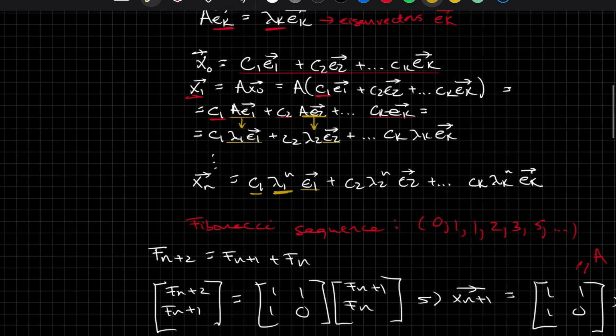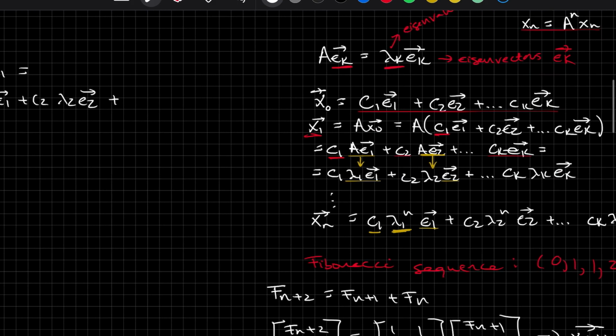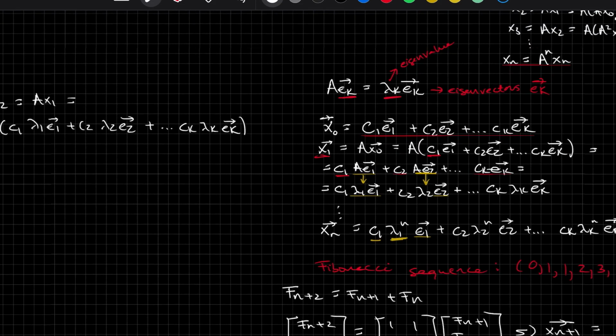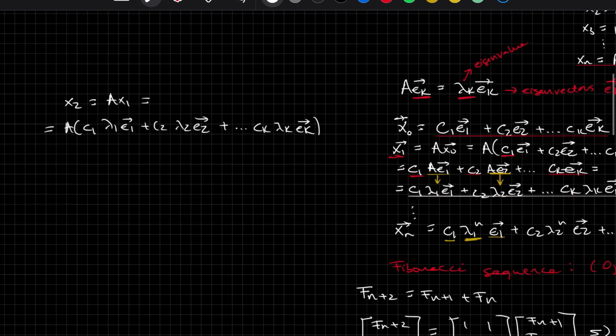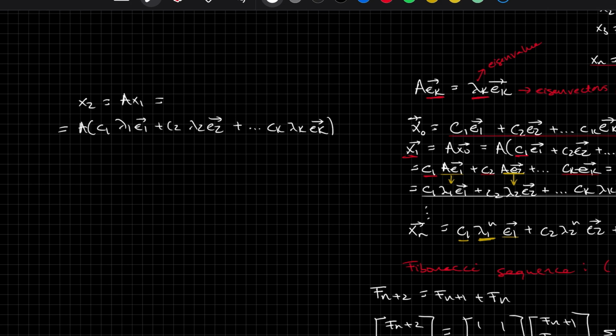So I'm going to do an extra example. Let's do x2. We had x1 there. x2 is just A times x1. This is equal to A times (c1 lambda1 e1 plus c2 lambda2 e2 plus ck lambda k ek). All I've done here is replace x1 with that. Now I can do the same thing I did before and expand this out.